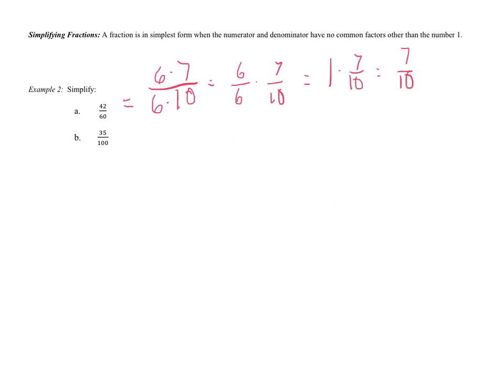Essentially, we have taken that 6 over 6 and canceled that factor out. But I've shown each step in that the 6 over 6 becomes a 1, and 1 times 7/10 is 7/10.